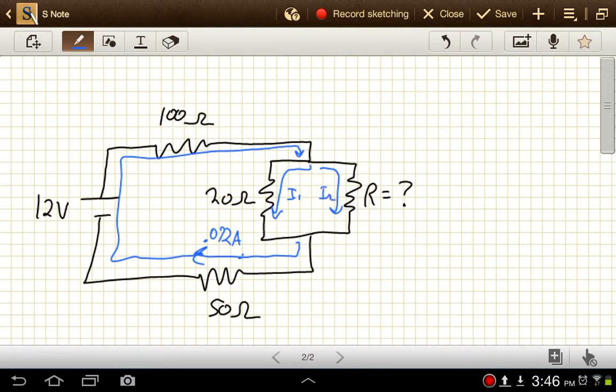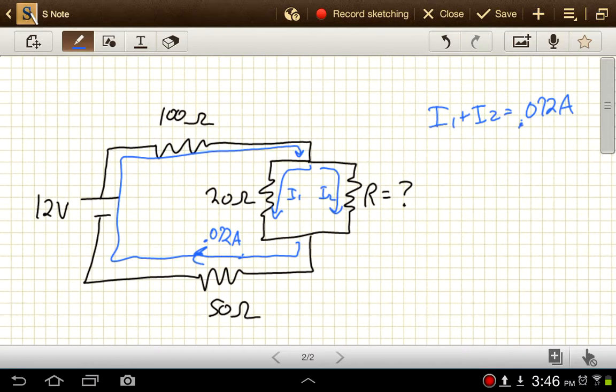But the rest of the way we have just 0.072 amps going through. Now, Kirchhoff's current law would then say that I1 plus I2 has to equal 0.072 amps. Okay, so we can come back to that later on.